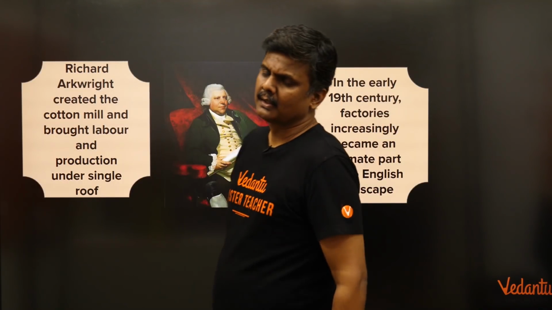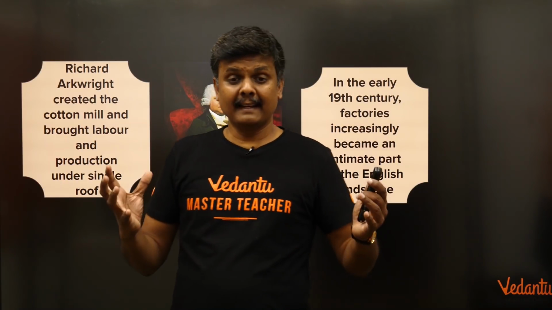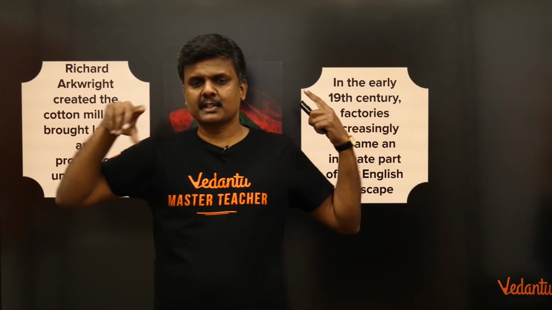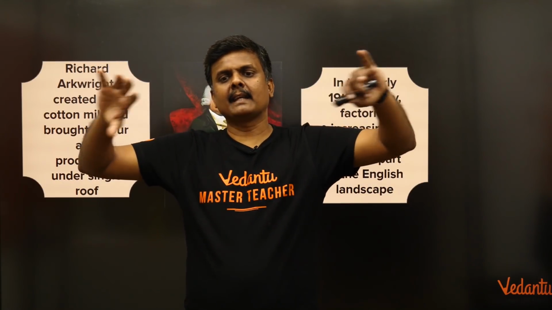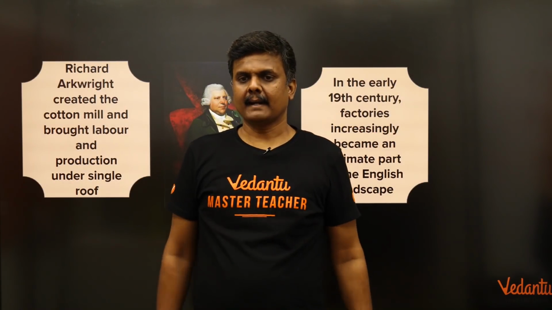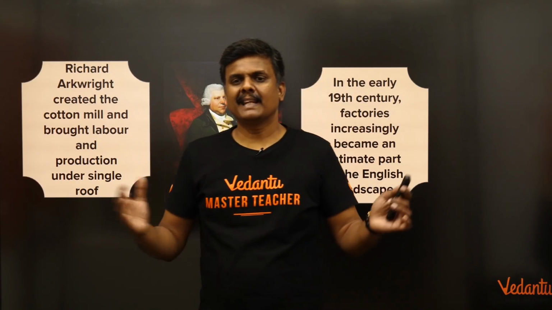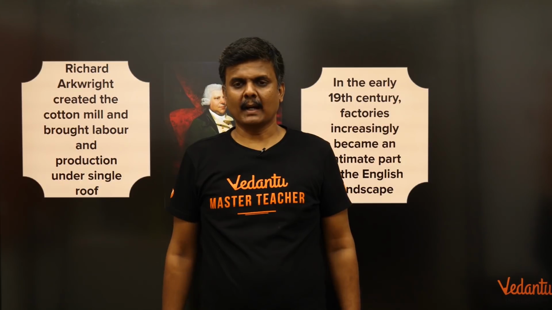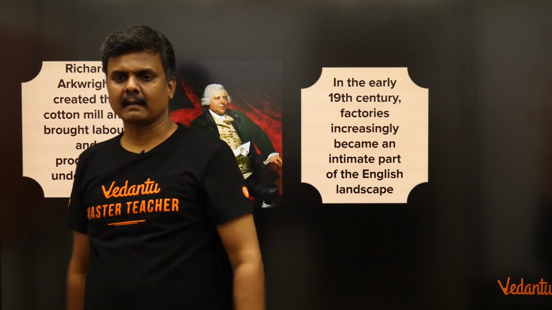Richard Arkwright is the one who created the cotton mill. Earlier, as you saw in that chart, the mills and the people were working separately, right? The laborers, that was manual. So now he put everyone under one roof, and that's how the concept of a factory came. Otherwise, the machines are there and the human beings, the laborers, are there.